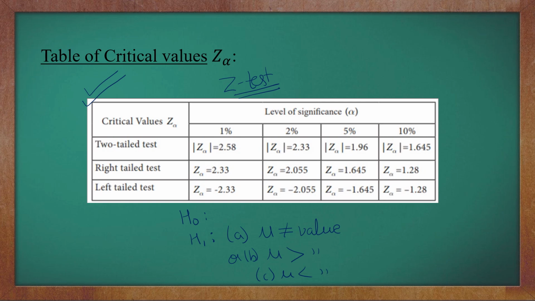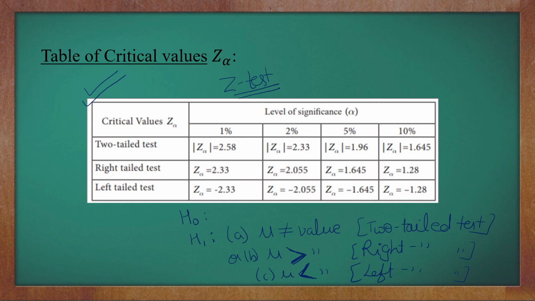Not equal means a two-tailed test. Greater than means the positive side, a right-tailed test. And less than means a left-tailed test.